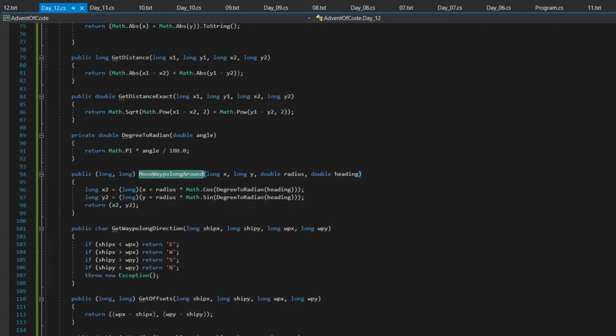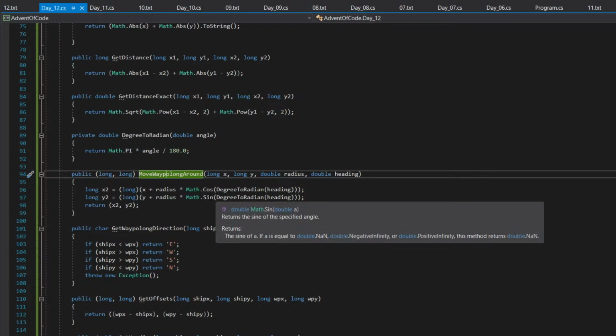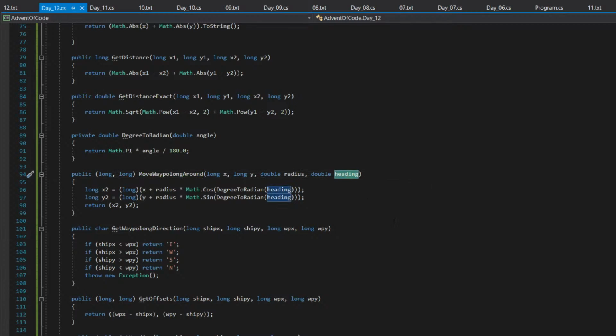Our move waypoint along would have just been: we would change this heading to northeast, southwest, and if it was go north, we would move the waypoint basically the radius from the ship.